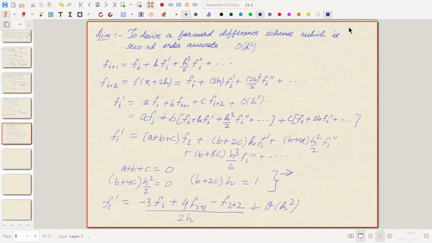All right. So as you can see, f i prime equals minus 3 f i plus 4 f i plus 1 minus f i plus 2 by 2h plus order of h square.